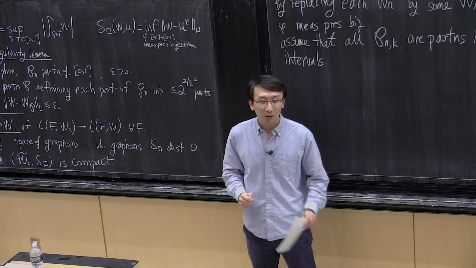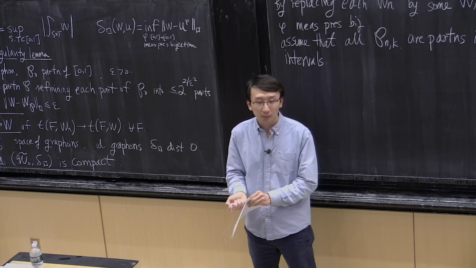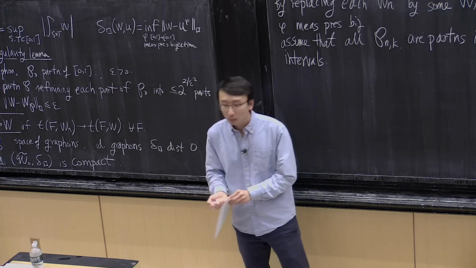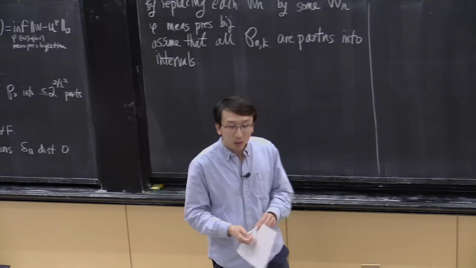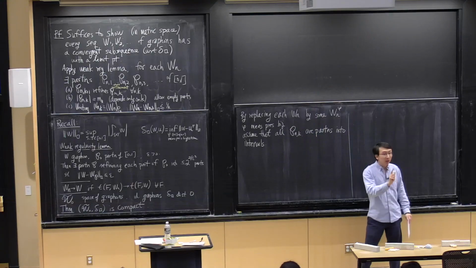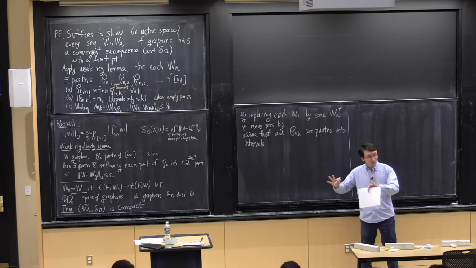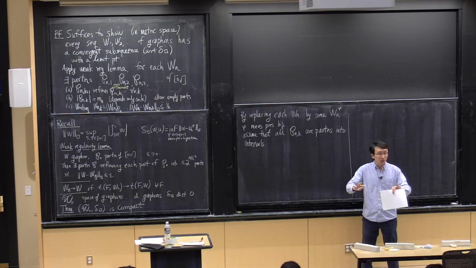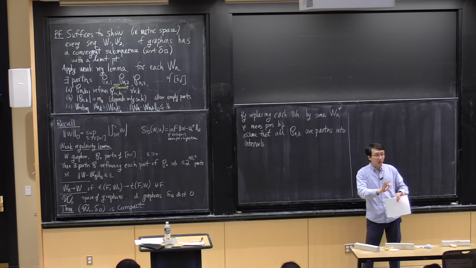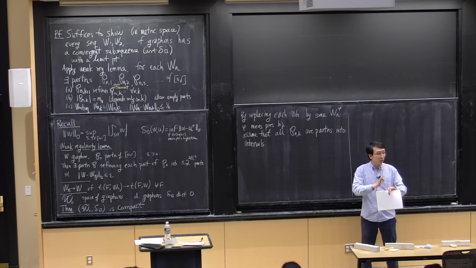So it's not clear to me that you can use one measure preserving bijection to make all of the P_nk intervals. Okay, the question is, it may be the case that for a given k, I can do this arrangement, but it's not clear to you at the moment why you can do this uniformly for all k.